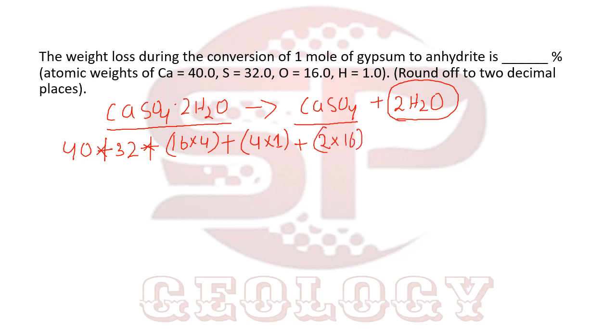This is the weight of the CaSO4·2H2O or gypsum. The total weight will be 172. So 172 is the weight of gypsum.